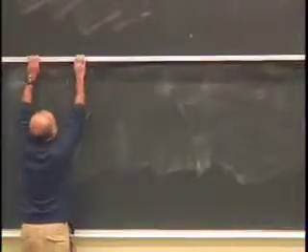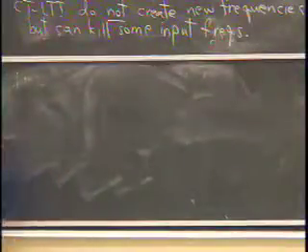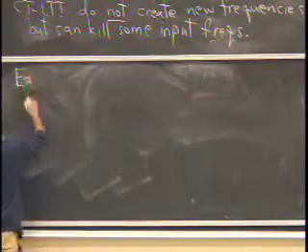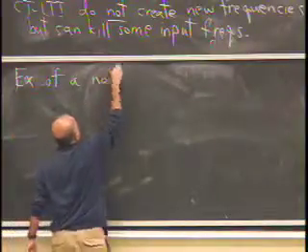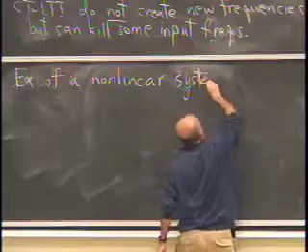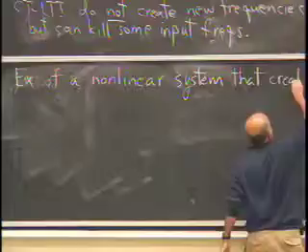What's an example of a nonlinear system that creates a new frequency? I asked this question when we talked about discrete time systems. Y equals x squared. An example of a nonlinear system that creates new frequencies.